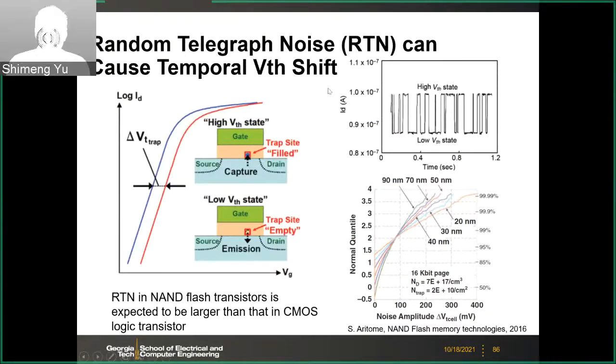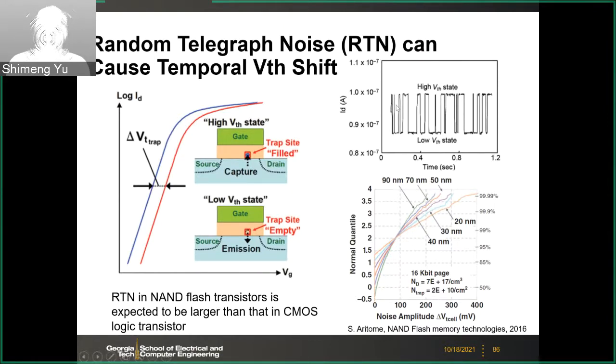And also the RTN, the random telegraph noise, may cause the temporal VTH shift. This is discussed briefly in the logic transistor. If you have a trap in the oxide, this can temporarily capture and emit the electrons, so it will cause temporal fluctuation in the threshold voltage. So then for the VTH distribution, you need to account for the margin of this temporal variation.